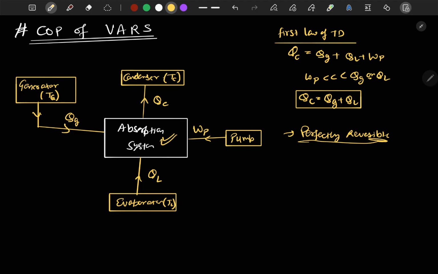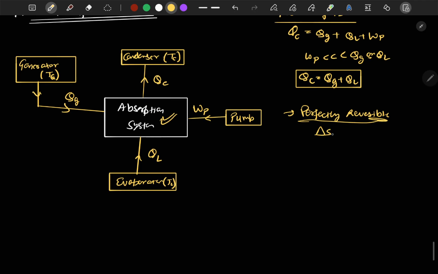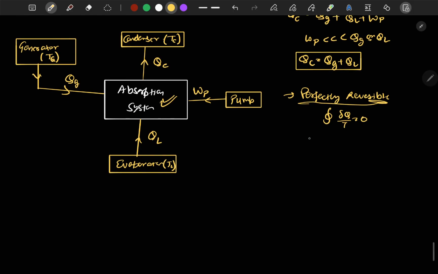In that case, according to the Clausius inequality, the integral of dQ by T is equal to 0. So from here we can write QG by TG plus QL by TL minus QC by TC equal to 0, since we have already neglected the pump work.